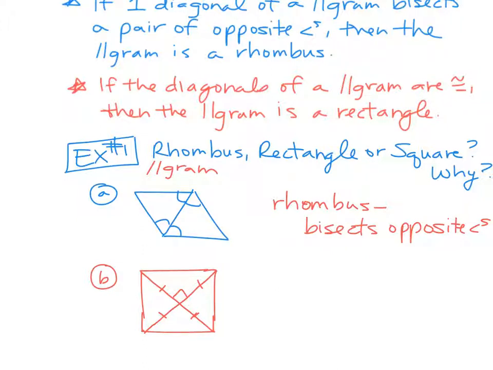For these ones, you want to give the most specific name that you can. So this one is a square. The reason being, this box telling us it's 90 degrees tells us it's a what? That makes it a rhombus, right?